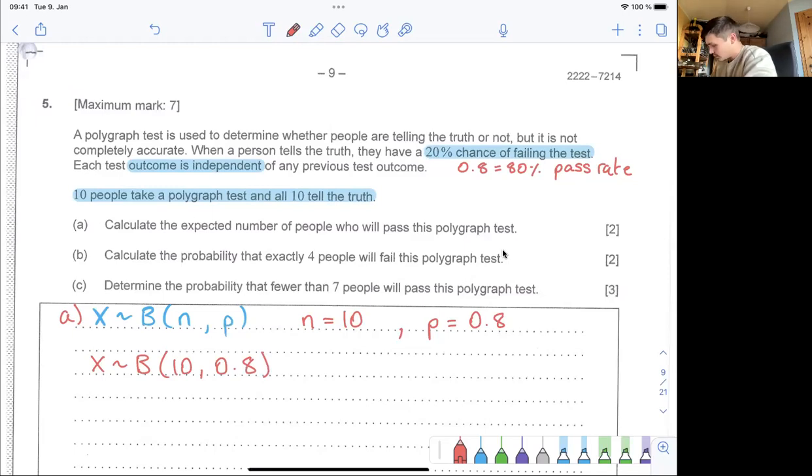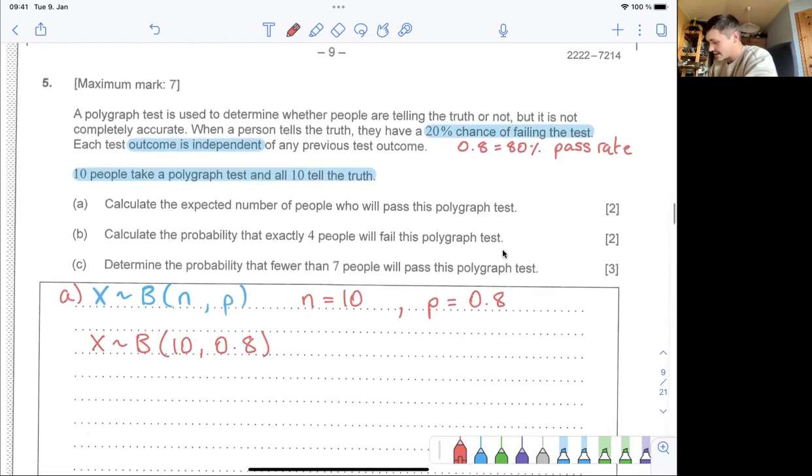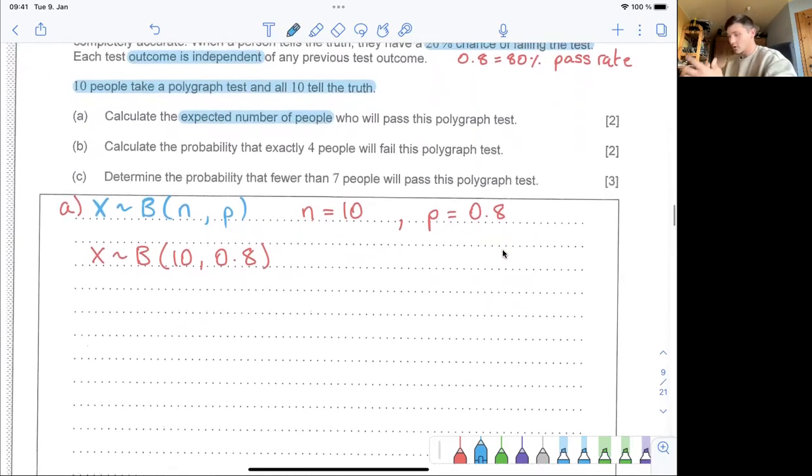Okay, so part A asks us to calculate the expected number of people who will pass this polygraph test. So let's highlight the expected number of people. The expected number of a binomial distribution is given to you in your formula booklet as follows: E(X) is equal to np.